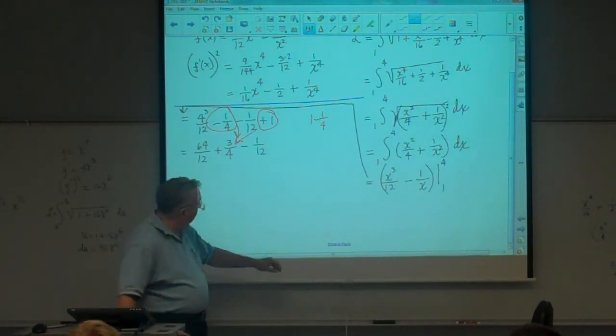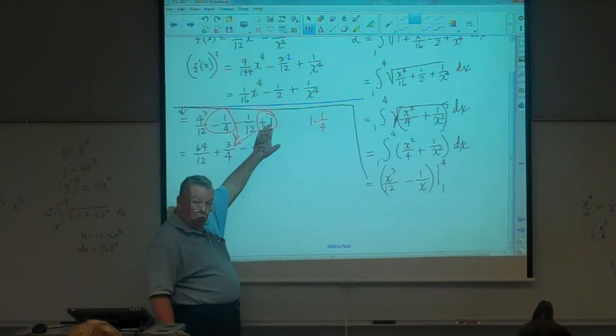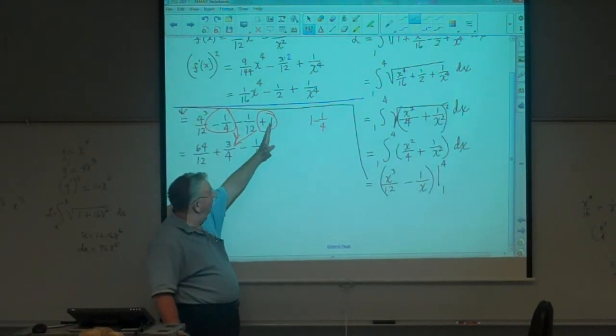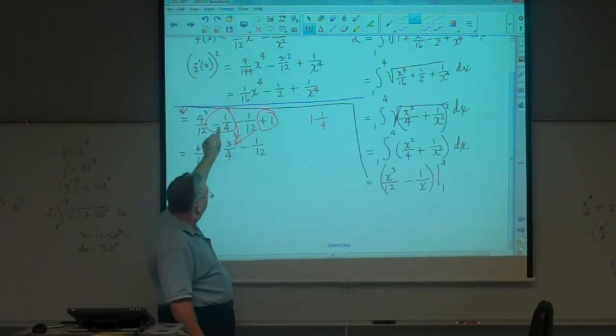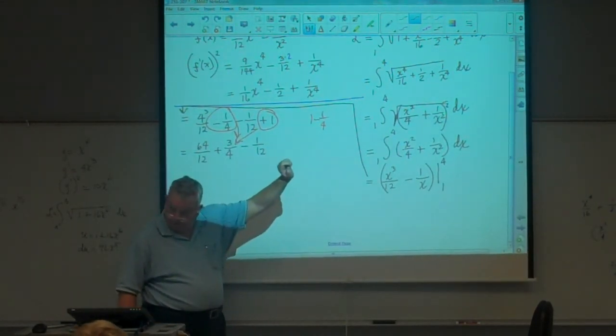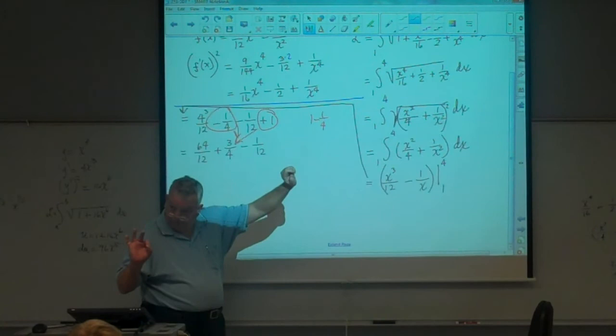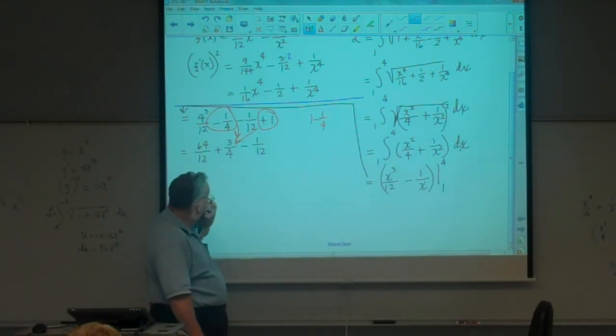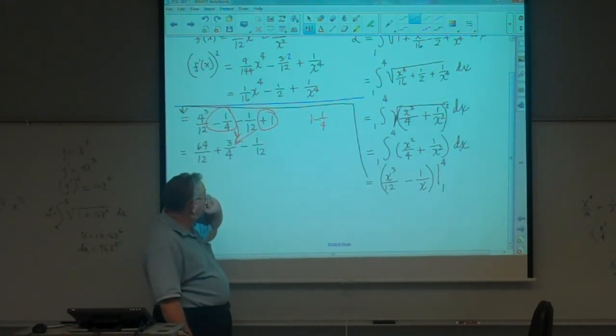Here's what I'm saying. I said this is 4/4, right? I've got a plus 4/4 and a minus 1/4. How many fourths is that? 3/4. Well, when you subtracted b minus a, it wouldn't be -1 because when you plug it in, it's -1/x.